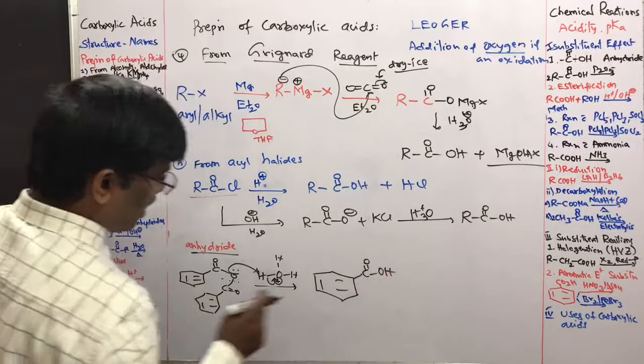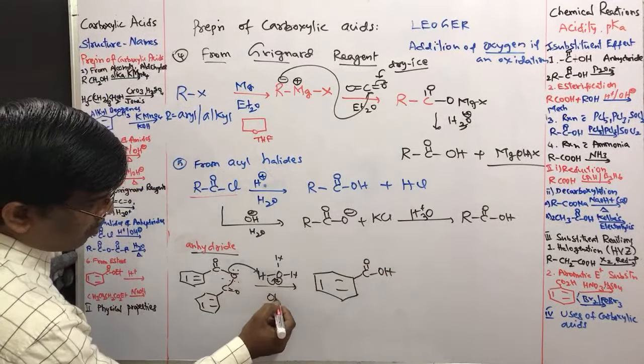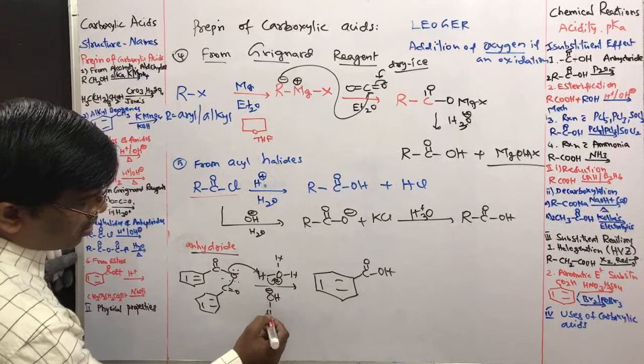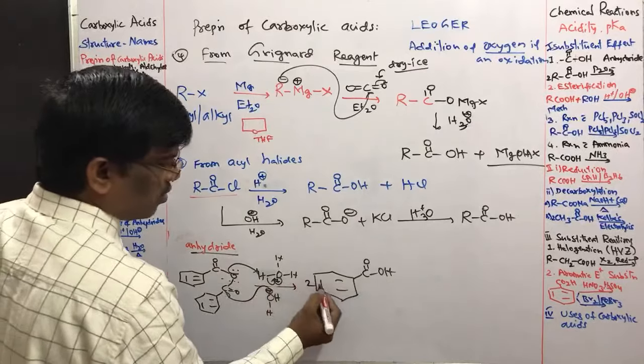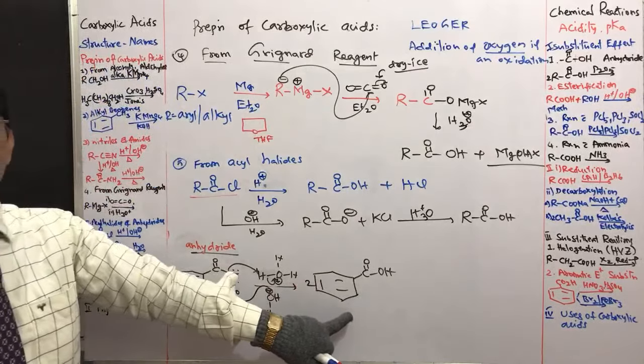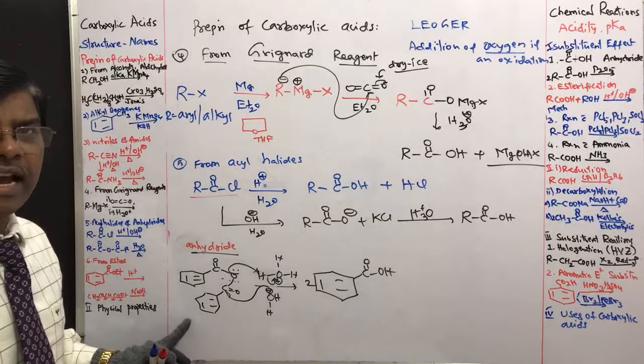This is one, and the remaining part is attacked by OH on this to get carboxylic acid. So this is how you get 2 moles of carboxylic acid, or benzoic acid, from benzoic anhydride.